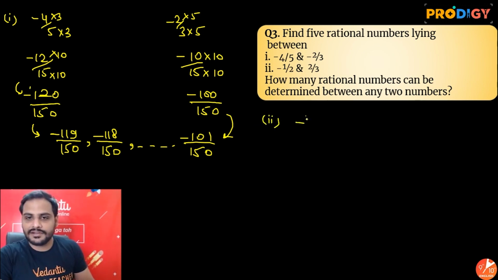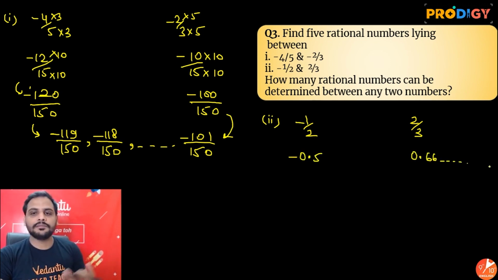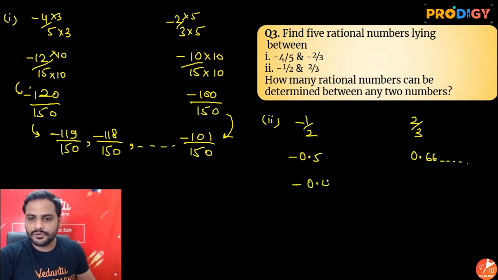Second one, we have -1/2 and 2/3. So -1/2 is -0.5 and 2/3 is 0.66 in decimal form. Between these two, if you want to write 4 or 5 rational numbers, write anything. Yes, I can say, sir, -0.4, -0.32. I can say 0 also. I can say 0.45 and I can say 0.4444.